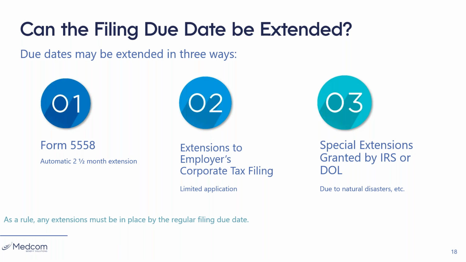Now, let's say we get into a scenario in which, for whatever reason, filing by 7/31 is not going to be possible. The DOL understands that things like this happen and extensions are available. It's a Form 5558, and it provides an automatic 2.5-month extension to the filing. It's really important that the 5558 be filed by the original due date.